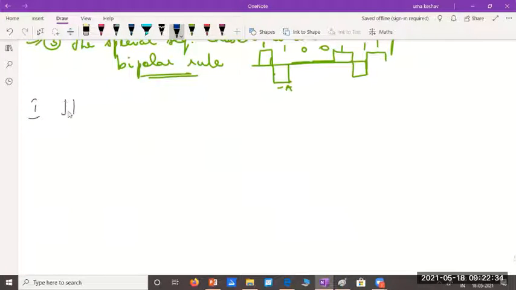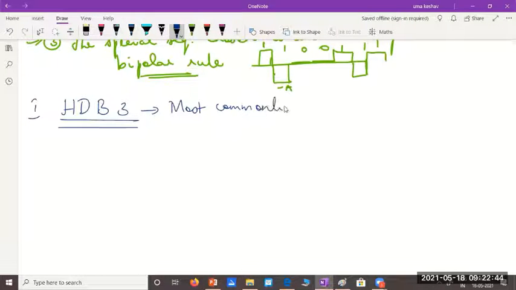Okay. So let's see some examples of this high density bipolar signaling. First, I'll consider HDB3. This is the most commonly used bipolar signaling scheme. What happens in HDB3? Here the n value is 3.